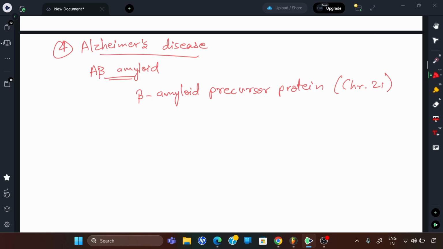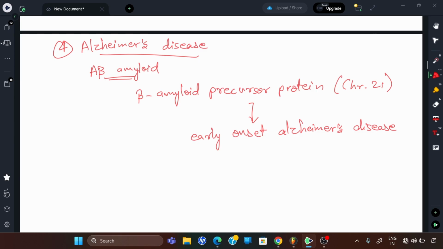And second thing, you will see in those patients of trisomy of chromosome 21 is early onset Alzheimer's disease, right? It is due to the trisomy of chromosome 21 on which the precursor protein genes were present, and as their levels go up due to misfolding, there is formation of A beta amyloid, and due to which we will see early onset Alzheimer's disease in case of Down syndrome, right?